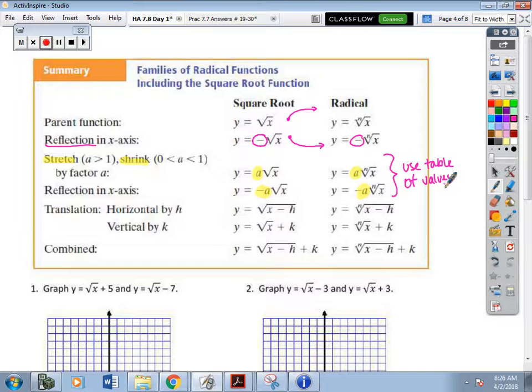And then these ones you guys probably remember from our quadratics. They're all the same. They're just going to be the square roots. What would the minus 2 tell me? Up 2, down 2, left 2, or right 2?